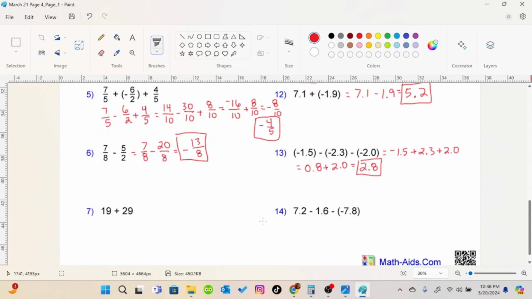Number 7. 19 plus 29 equals 48. And finally, subtracting a negative becomes addition.